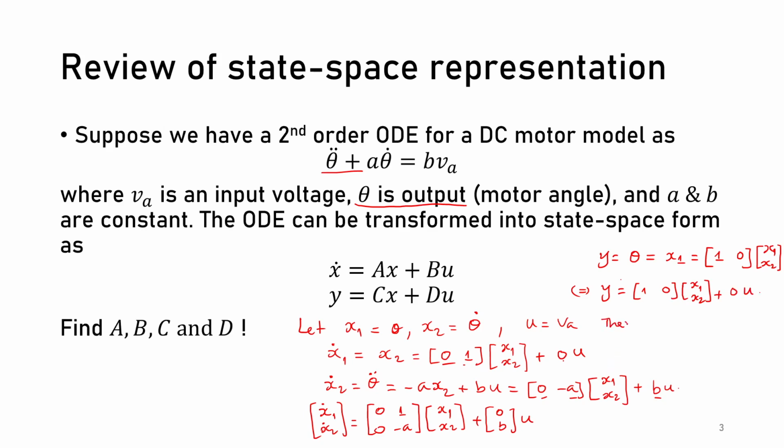Therefore A equal to 0, 1, 0, minus a, B equal to 0, b, C equal to 1, 0, and D equal to just 0, right?